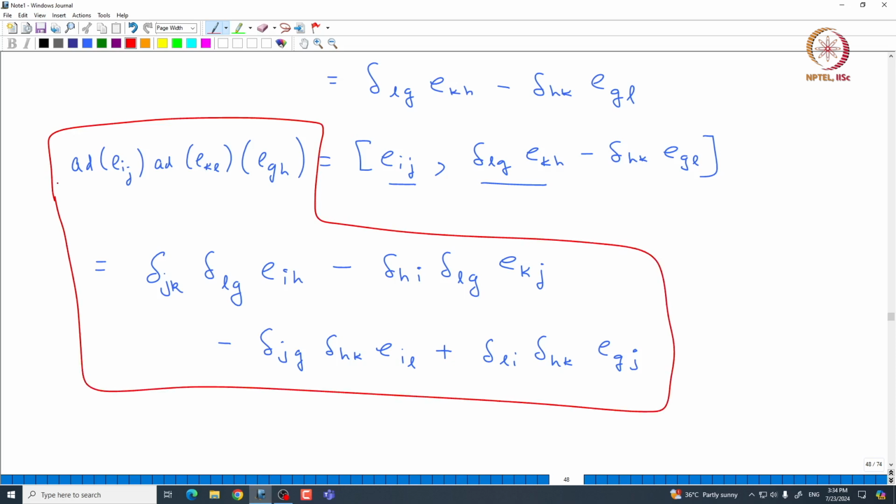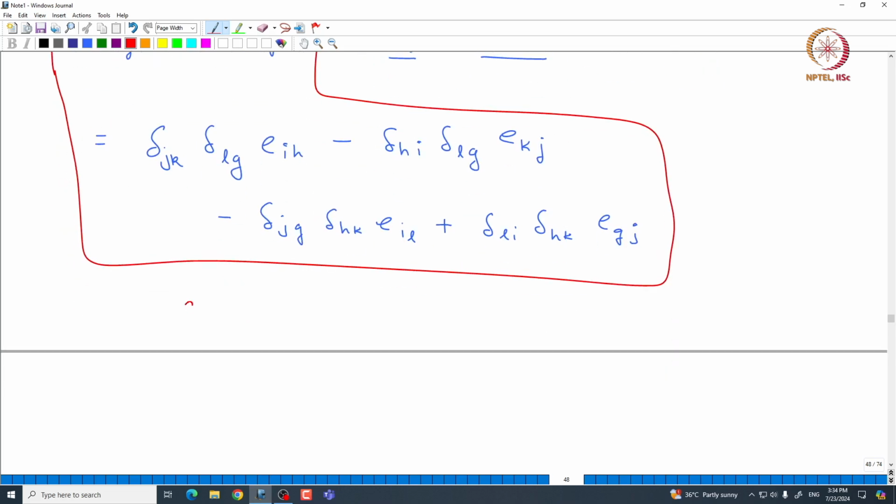Now, if you call A_gh the coefficient of E_gh inside this sum, ad E_ij, ad E_kl, and then E_gh, basically we are looking at the diagonal terms.